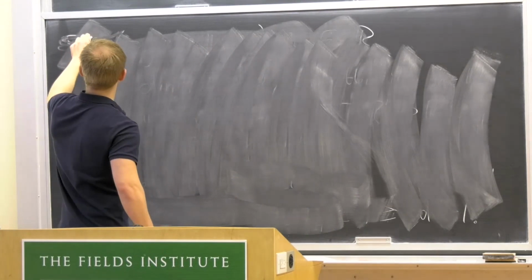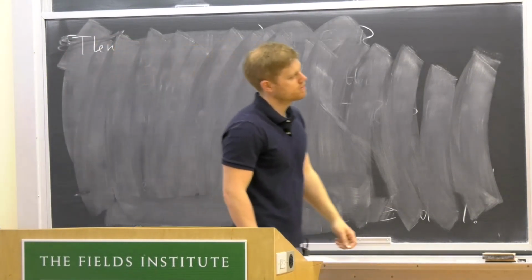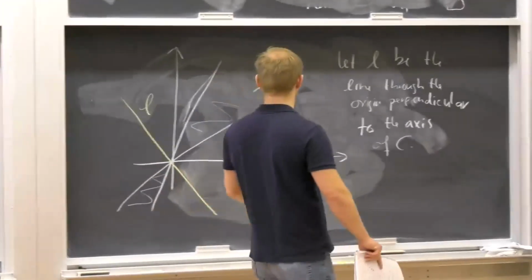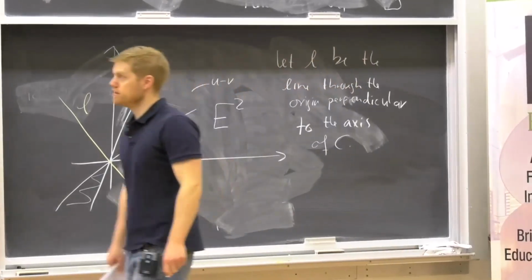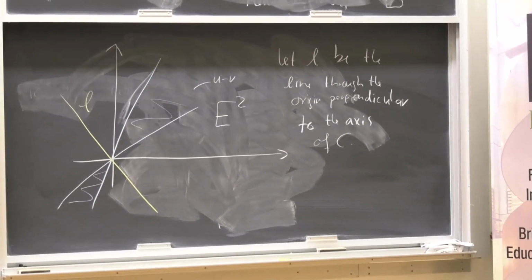So now here's the observation. Remember that E square somewhere lives here in the plane. It's a small set, so it's really hard, I cannot really draw this, but you should keep in mind that this is where it lives.